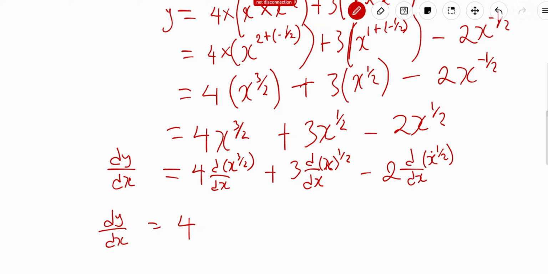If I differentiate x to the power of 3 over 2, that will be 3 over 2 x to the power of 3 over 2 minus 1.